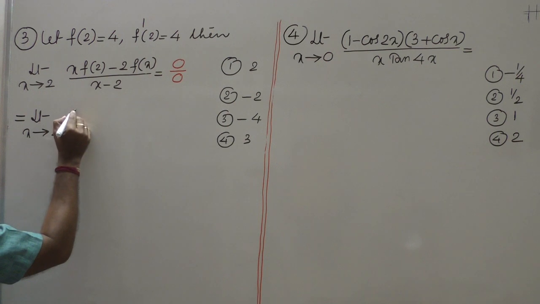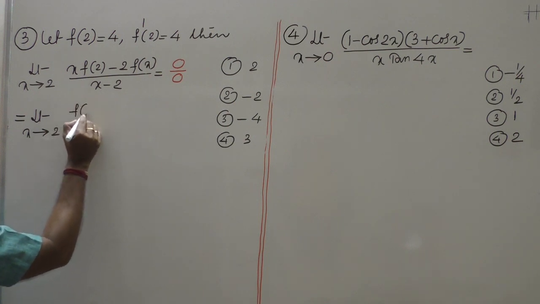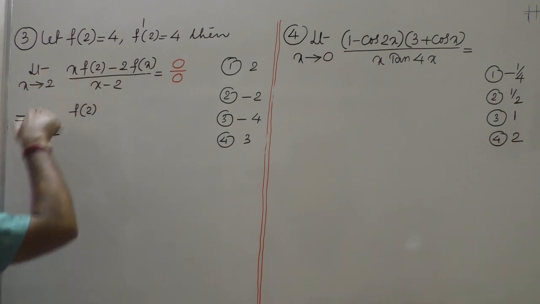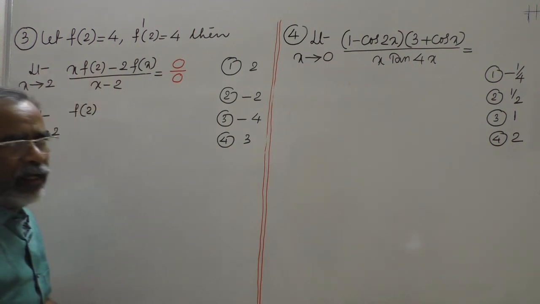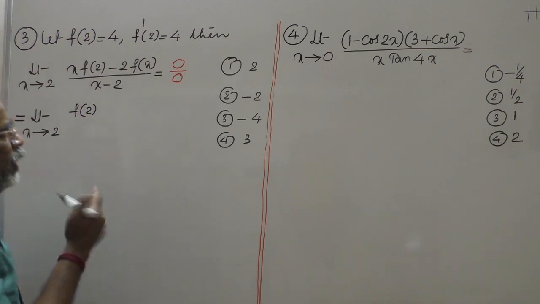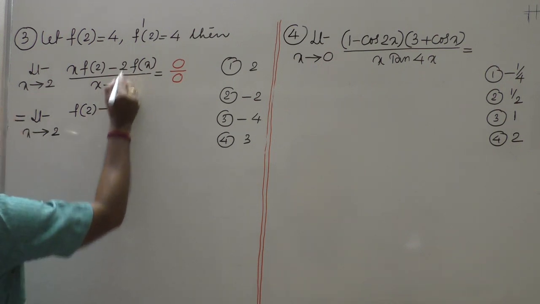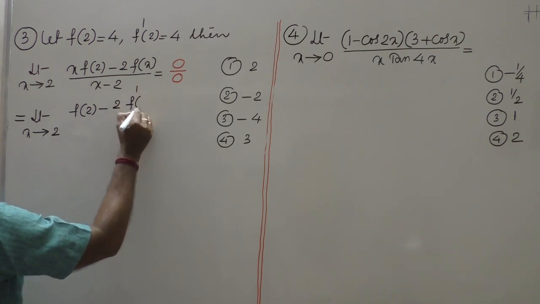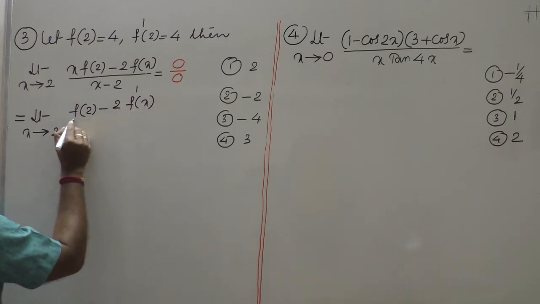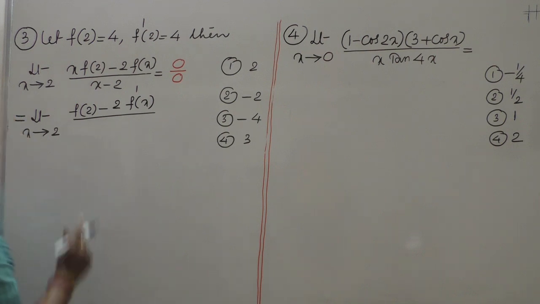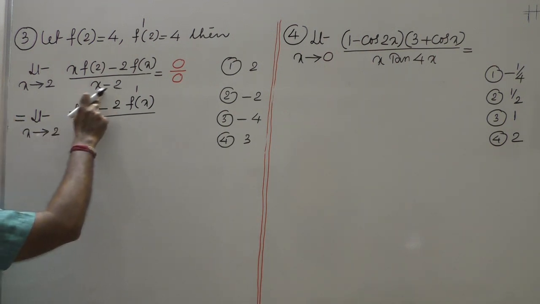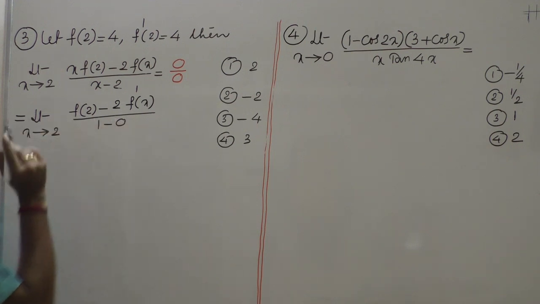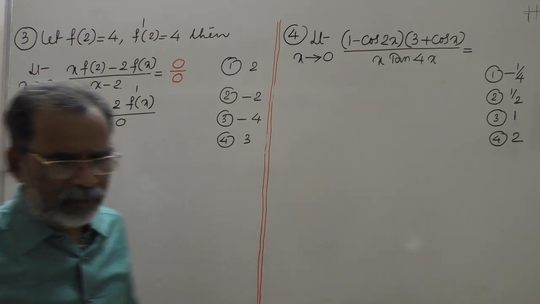The derivative of x is 1, and since f of 2 is a constant, it acts as the coefficient of x, like 2x, whose derivative is 2. Next, minus 2 into f x is a function whose derivative is f dash x, whole divided by x minus 2. Differentiate this: the derivative of x is 1, 2 is a constant, its derivative is 0.